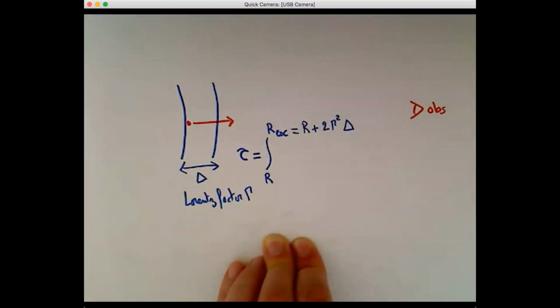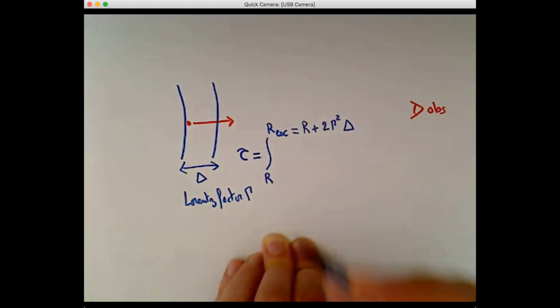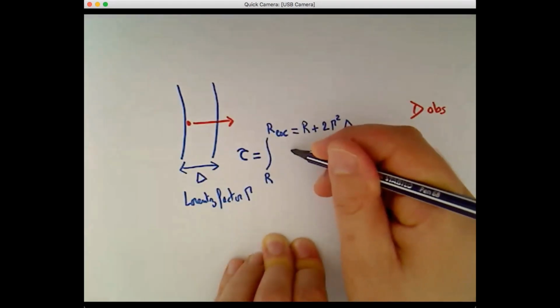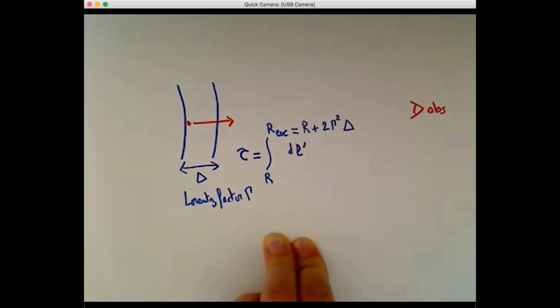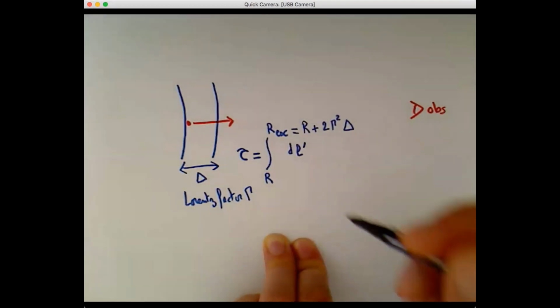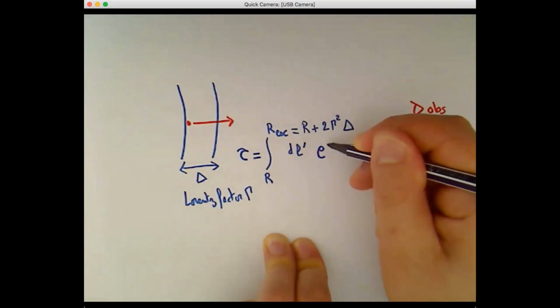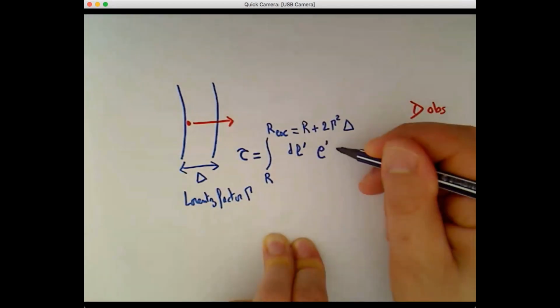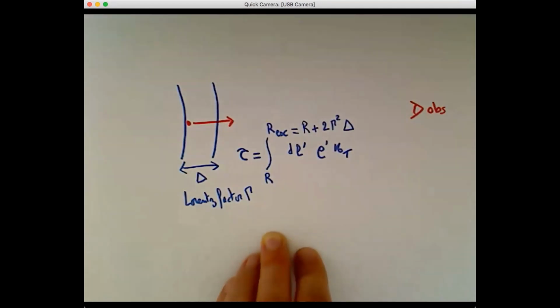And then I will compute this optical depth in the comoving frame of the relativistic layer. So I have the length crossed by the photon times the density of matter times the Thomson opacity.